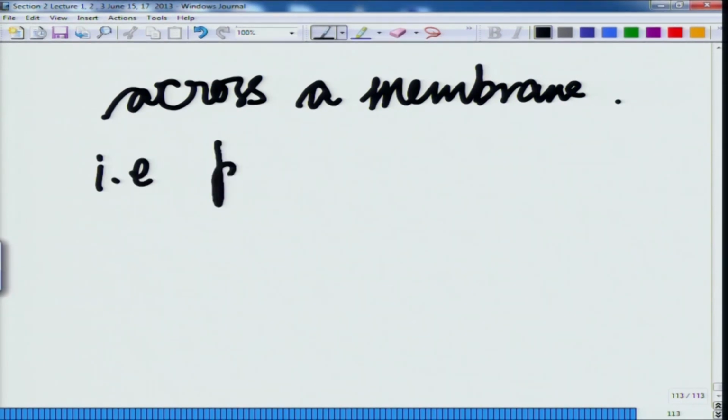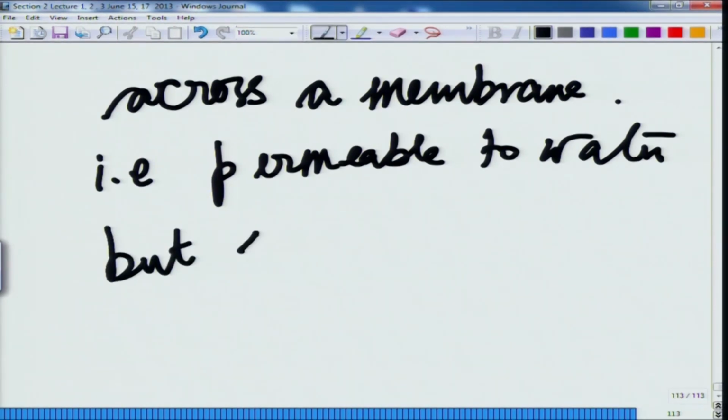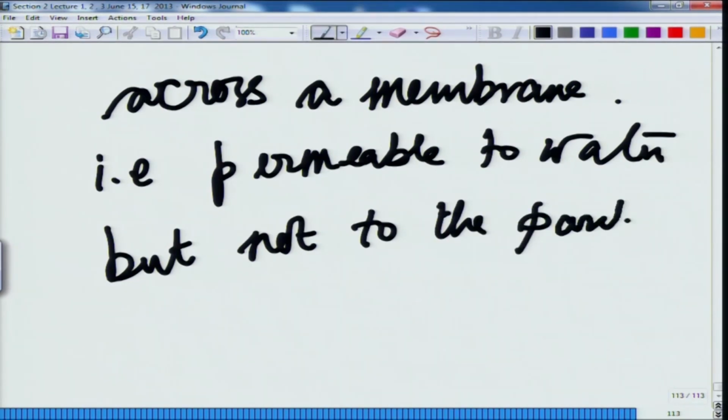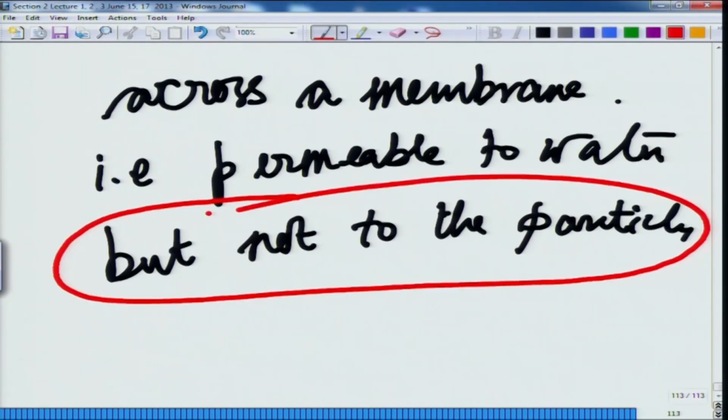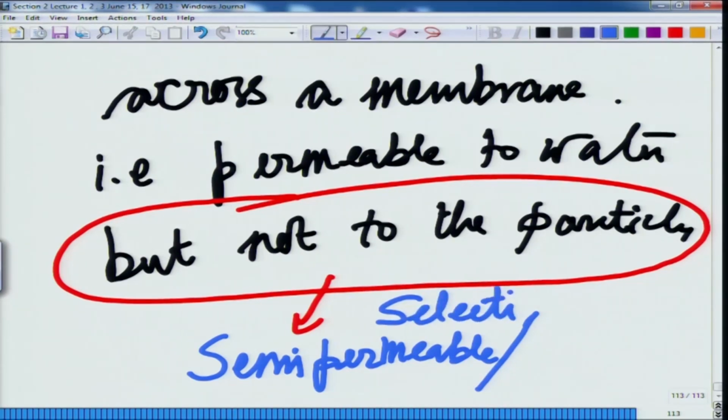The membrane is permeable, and this is another important aspect of osmosis, permeable to water, but please highlight this, not to the particles. In other words, I am highlighting these words, not to the particles. We are talking about a semipermeable or selectively permeable membrane.